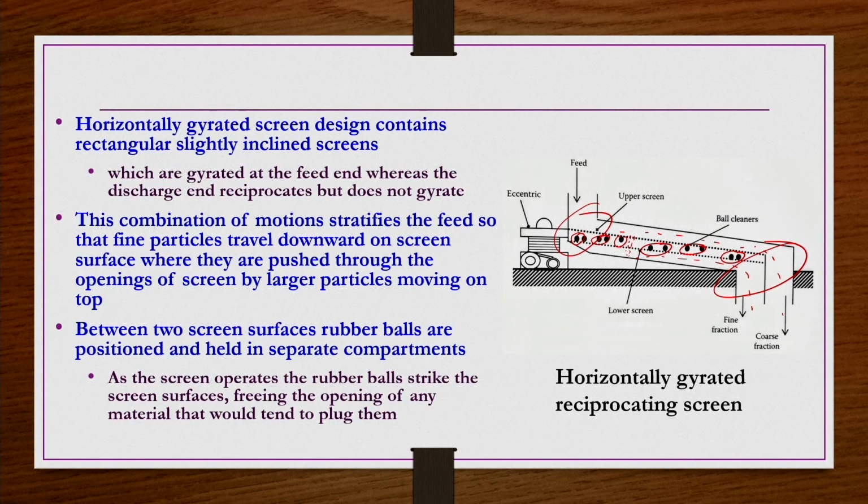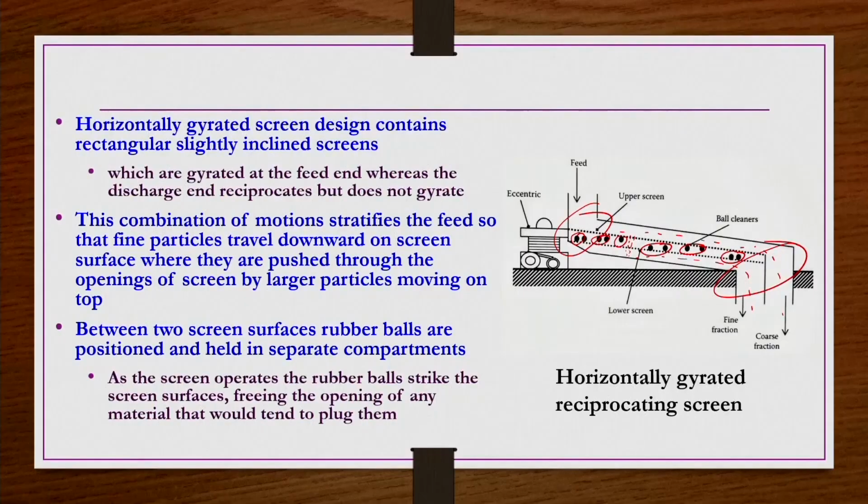If any material is plugging those screens, when these balls strike those screen surfaces, those blocking or blinding of the screen openings will be cleared by removing those particles, either moving up and then going onto the surface of the screen, or passing through and then coming to the next screen. So, that is the purpose these rubber balls are provided, and they are striking the screen surface in order to avoid possible clogging. That is the very much advantage of this particular reciprocating screen.